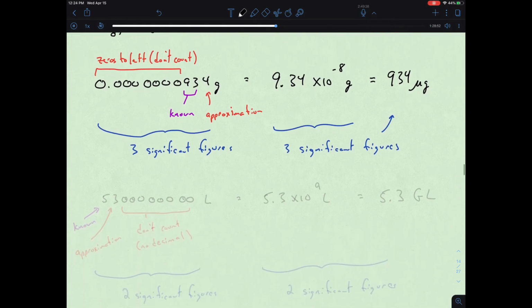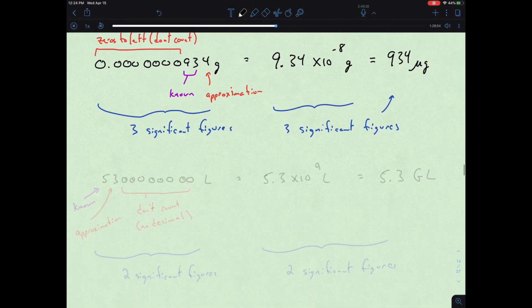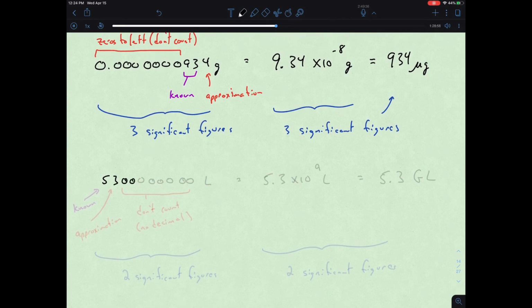Or we can go the opposite direction in terms of a very large number. So let's say we have this very large volume of liters. We would tend to want to write it in terms of that idea of scientific notation as 5.3 times 10 to the 9th liters.